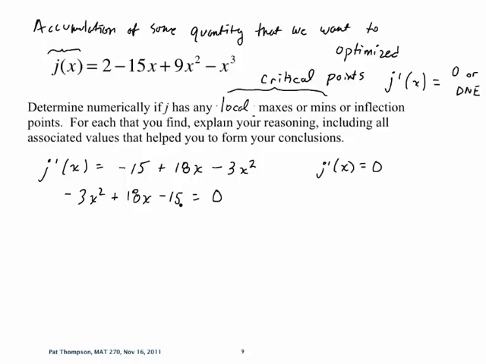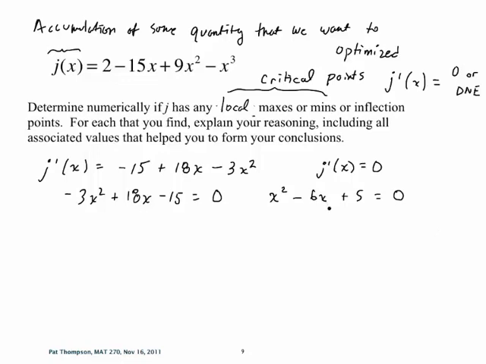What can we do first before anything else? Get a negative 3 out of there. So x squared minus 6x plus 5. And then how do we solve for x?